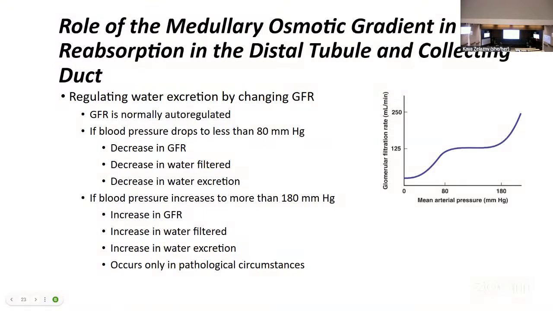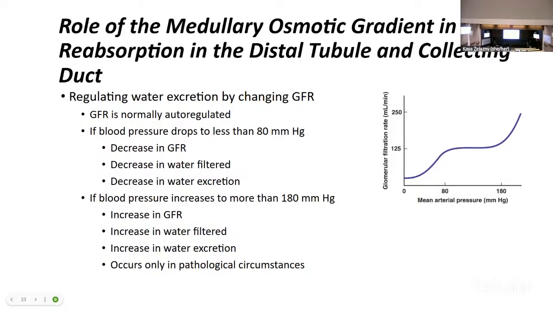Okay. So when we think about regulating water excretion, primarily we're going to be thinking about ADH and regulating that water reabsorption by changing the presence and absence of aquaporin 2. But we do also see changes to water excretion as we see changes to glomerular filtration rate.